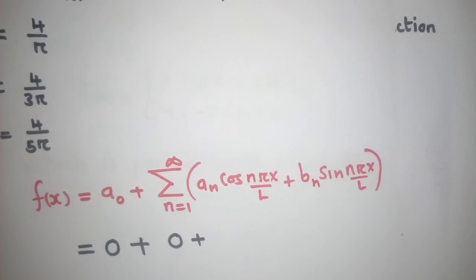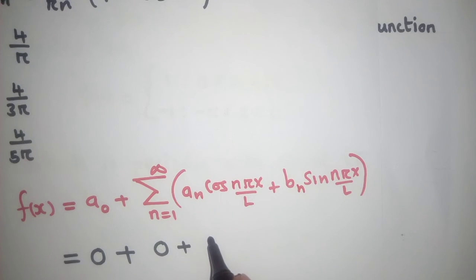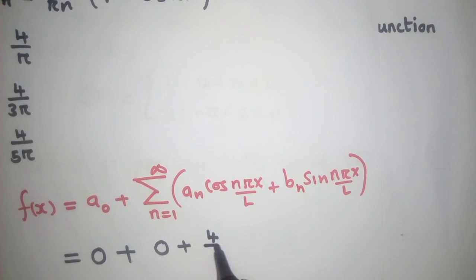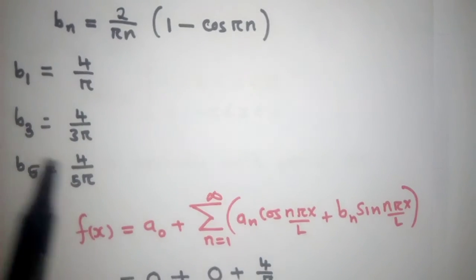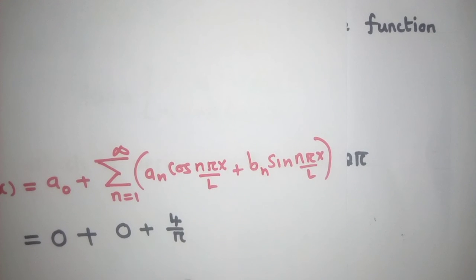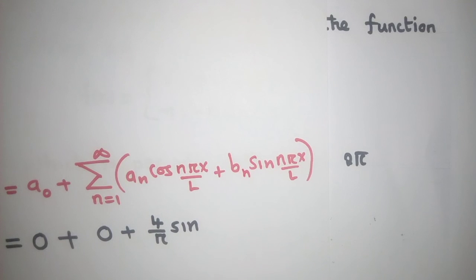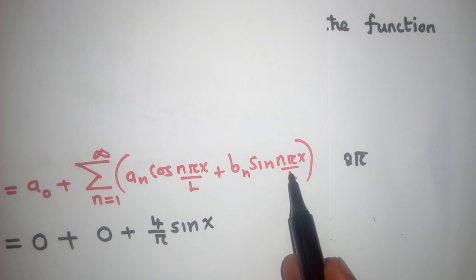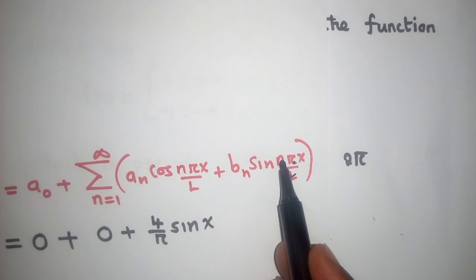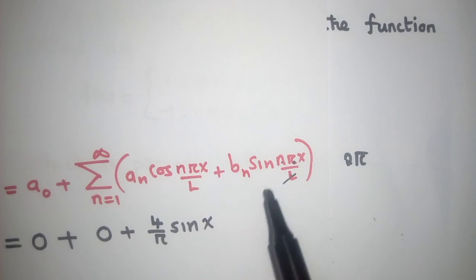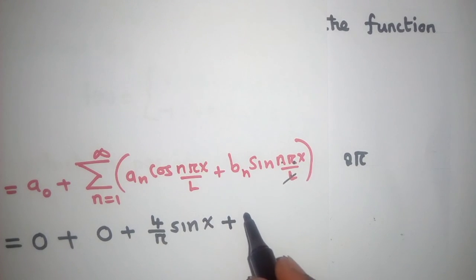So for this one, we'll start writing the coefficients. We'll say 4 over pi. We know that our b1 here is 4 over pi. And then we get the sine which is right here. Sine, our n was 1, so if we put a 1 here, it won't change anything. Sine x, we know that L is pi, so this pi here and this will cancel. Our n right here is 1, so it won't change anything. Say plus.